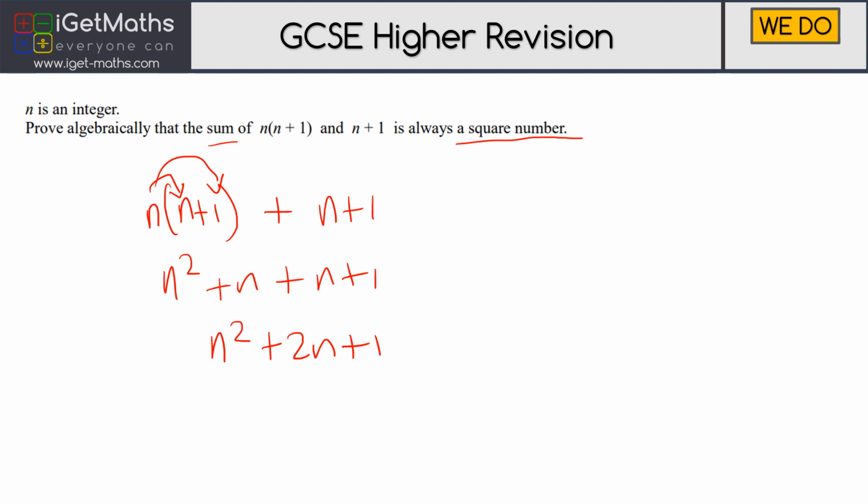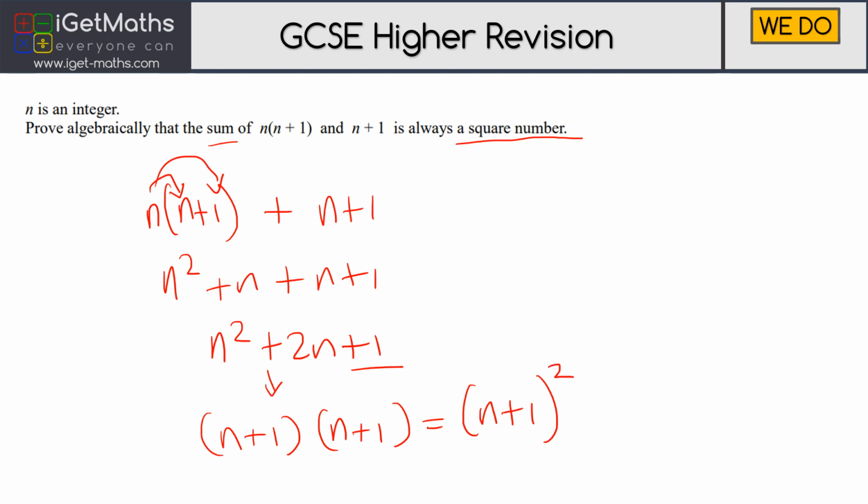So if I factorize this, I can factorize it with a double bracket, and that would be n plus 1. So remember, times to make 1, but combined to make 2, so n plus 1 and n plus 1. That can be written as n plus 1 times itself, which would be squared. So anything inside this bracket squared will give me a squared number.